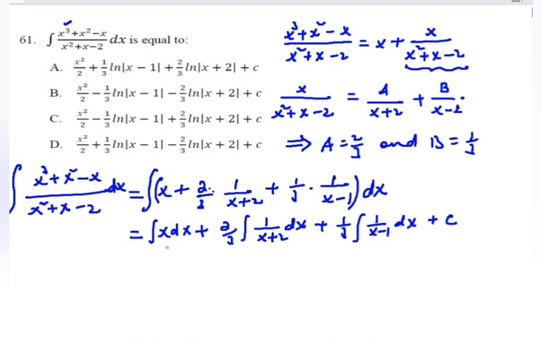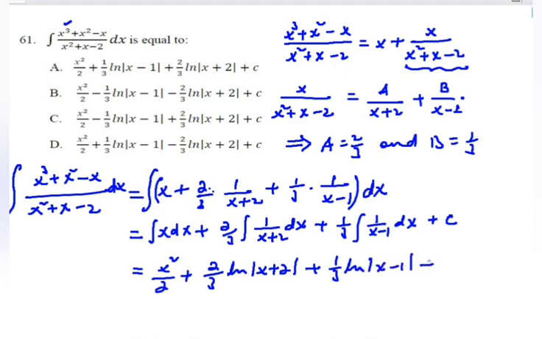So the integral of x is x squared over 2. This is x squared over 2 plus 2 over 3 times the integral of 1 over x plus 2, which is ln of the absolute value of x plus 2. The integral of 1 over x minus 1 is ln of the absolute value of x minus 1 plus integration constant c. Here, this problem will be simple only if we are able to decompose the given rational expression in this manner first.